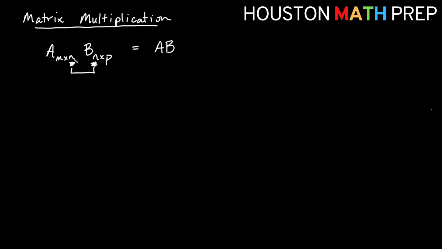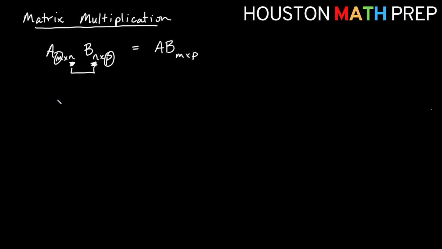The number of columns in the first matrix needs to match the number of rows in the second matrix, and then we can do the dot product. As long as this is true, our product will then be m by p, and you might be able to see where we're getting that. Okay, let's do an example and sort of see what happens doing the dot product of the rows of the first times the columns of the second.